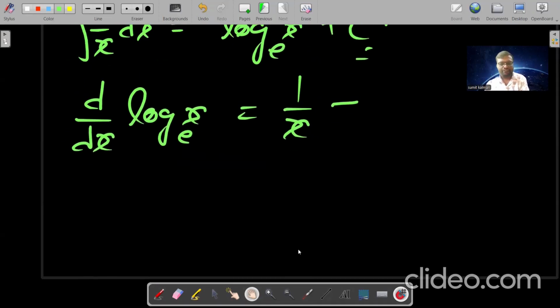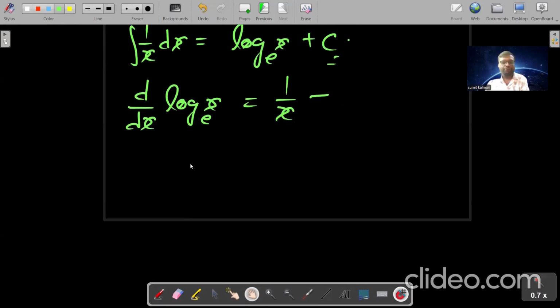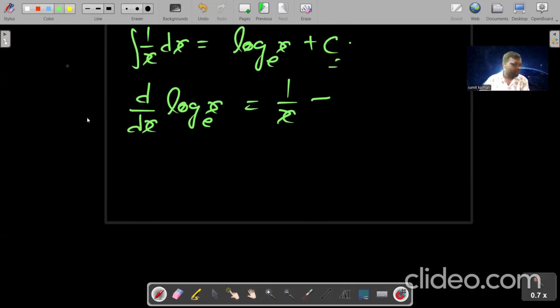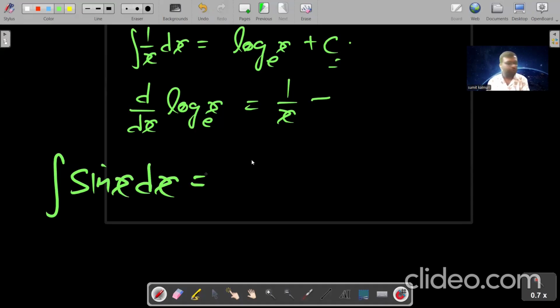Now students, next is, suppose if you have function fx of the form of sin x, then integration of sin x dx will be equal to how much? Minus cos x plus c.